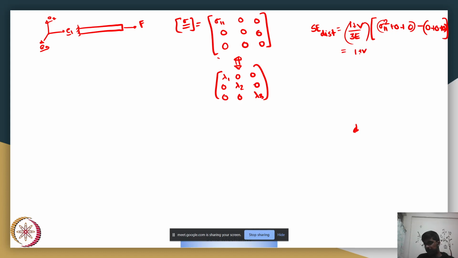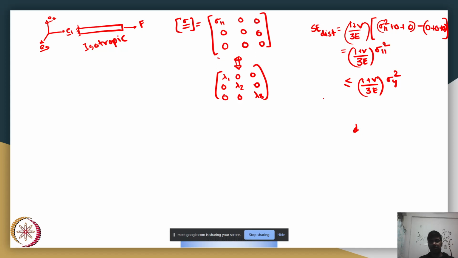Nothing but (1 plus nu) by 3 times sigma 11 square. So I'm assuming an isotropic beam. This is my distortion energy, and this has to be less than (1 plus nu) by 3 times sigma y square.